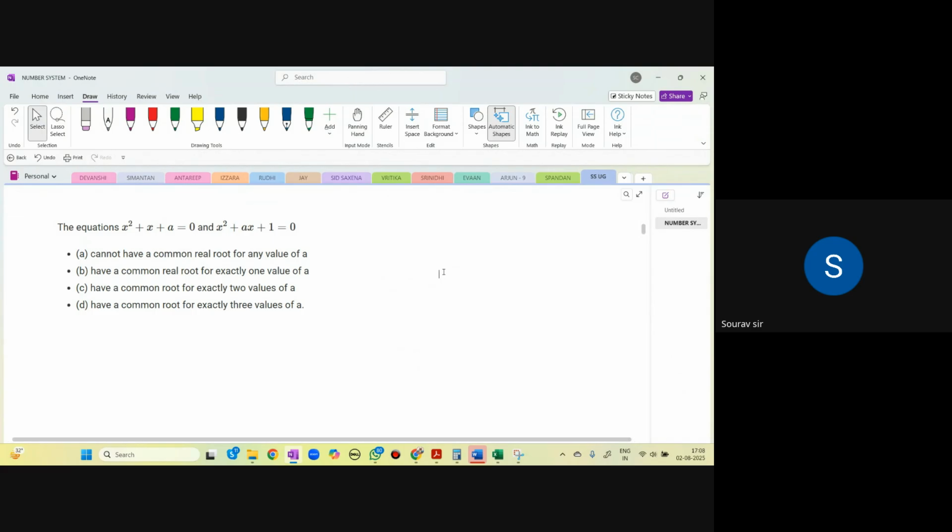So how will you solve this? How would you determine how many values of A will give common roots?